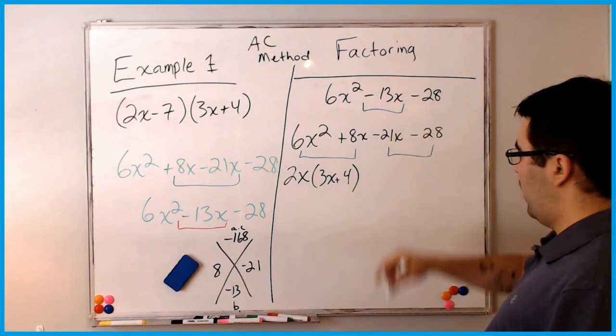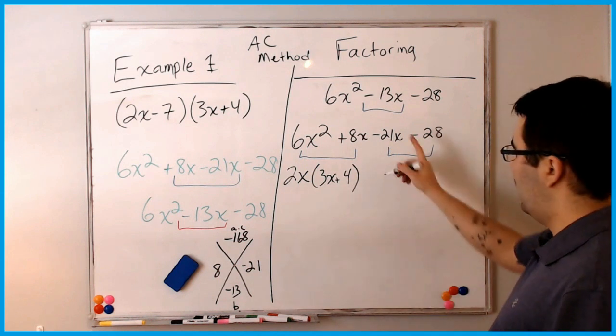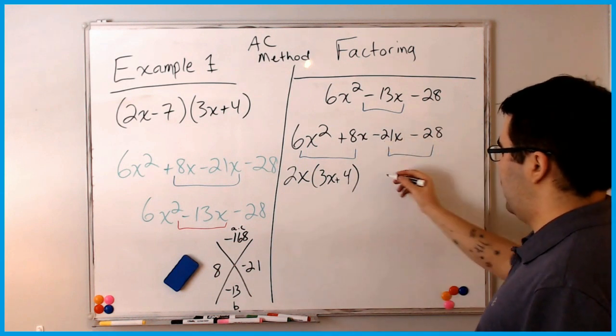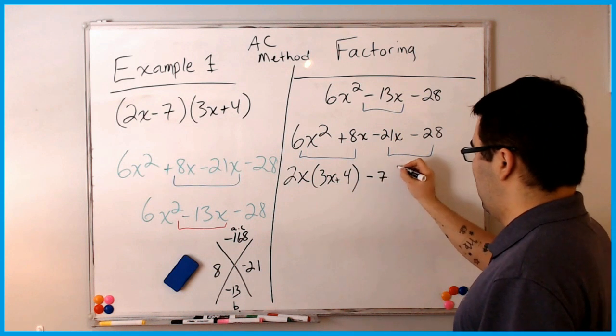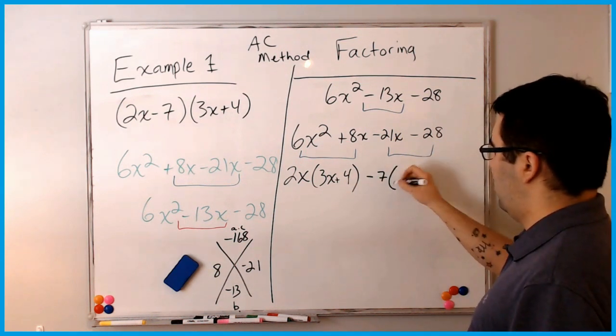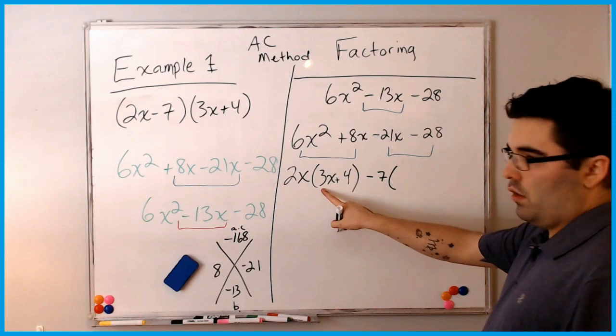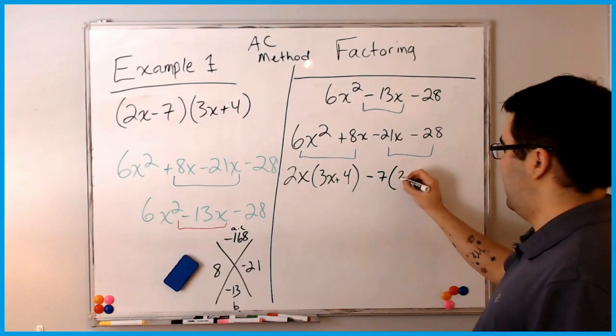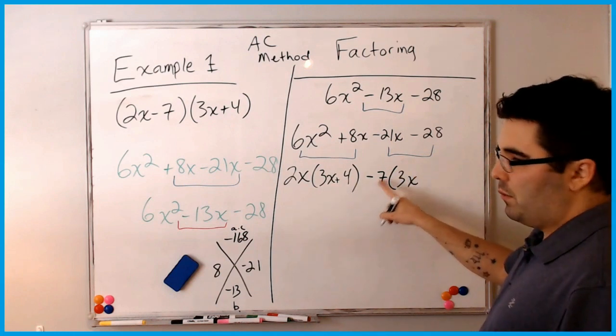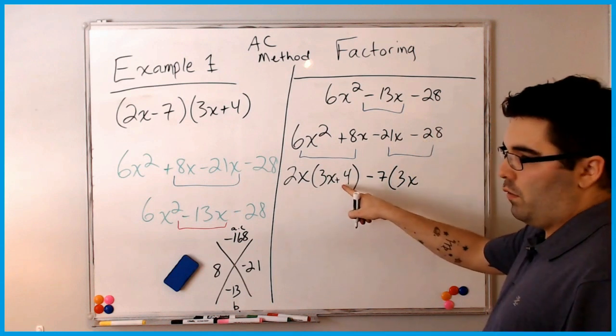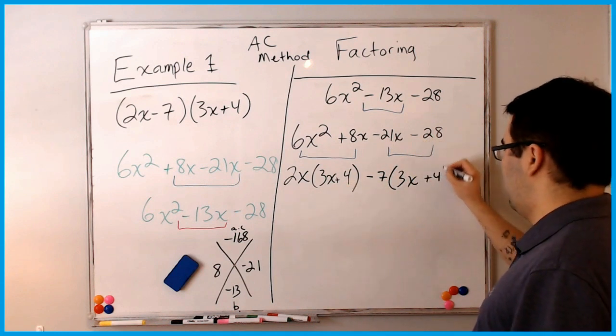What do 21 and 28 have in common? 7. And in fact, that's minus 21 and minus 28. So it's actually minus 7. And you get 7 times what is 21x? 3x. Negative 7 times what is negative 28? 4. See, they match.